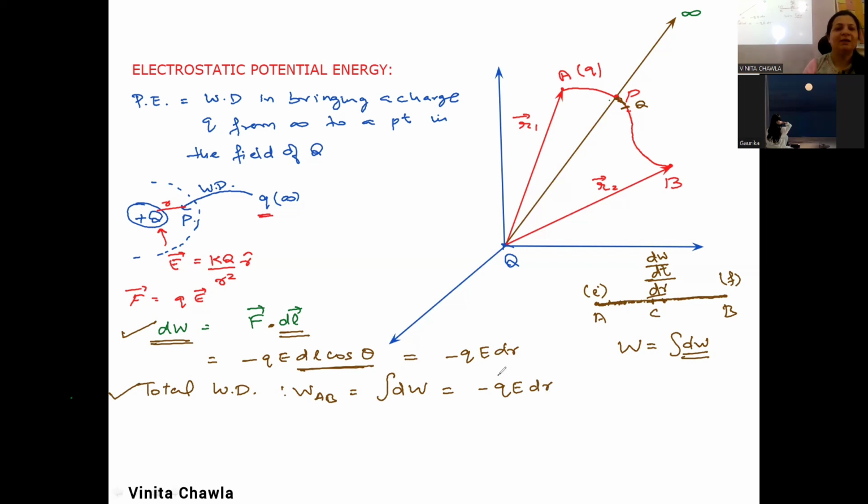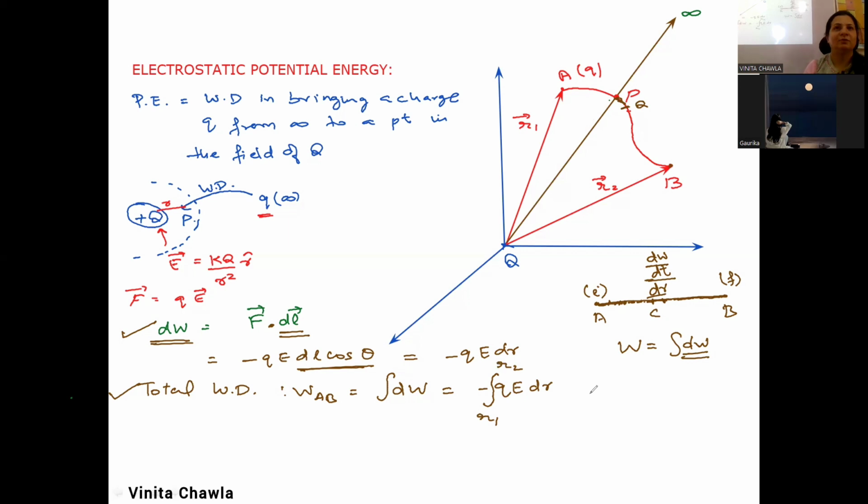Okay, so we will integrate this from, because this charge has started its journey from R1 and the final destination is at a distance vector R2. Okay, so initial position, final position, this is how we write. We'll give the limits to this integration.